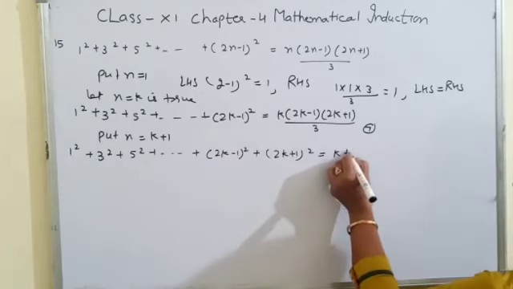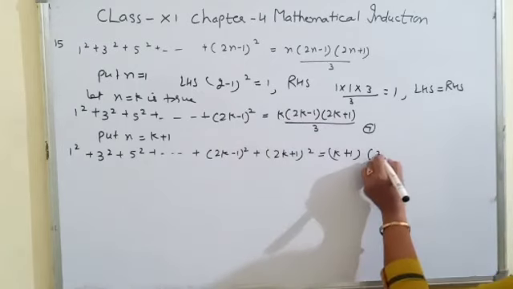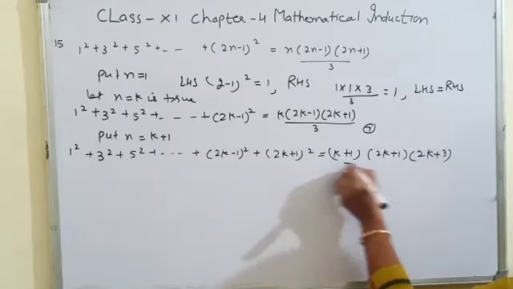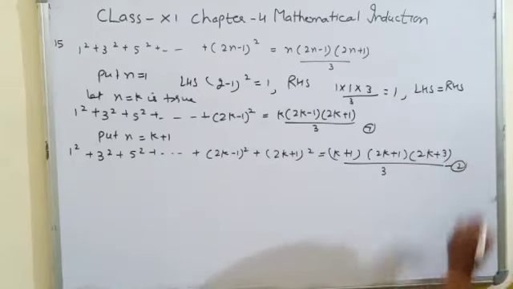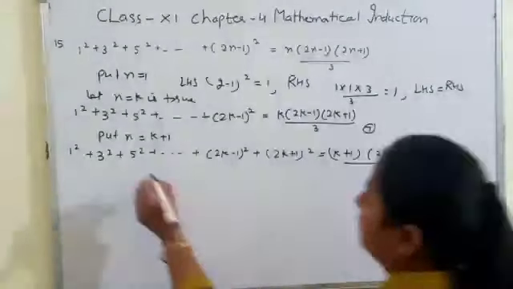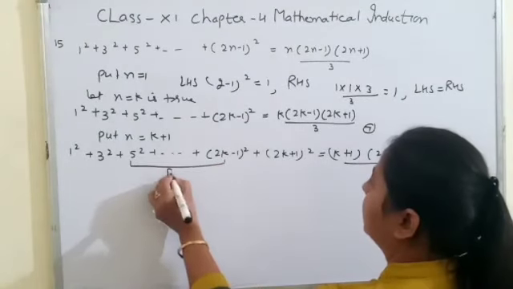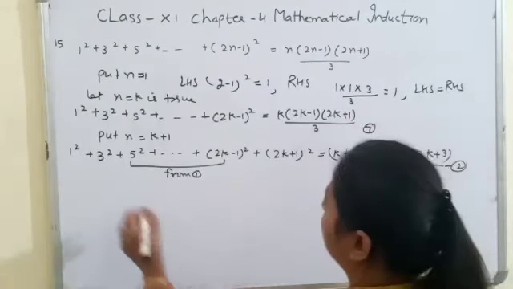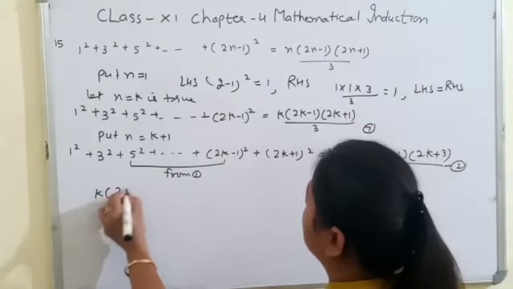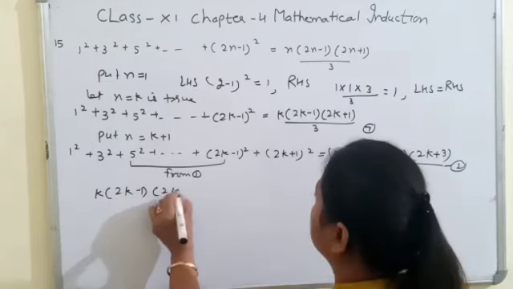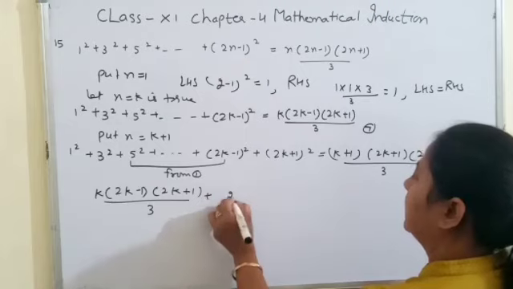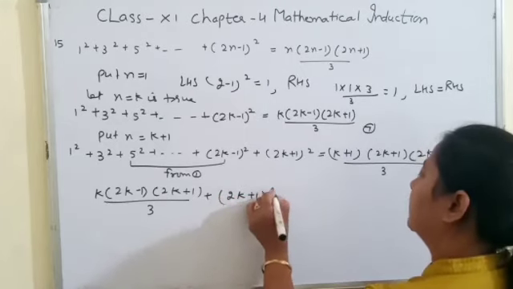Same on the right side: (k plus 1)(2k plus 2 minus 1, that is 2k plus 1)(2k plus 3) upon 3. This is the second. Now from 1 substitute: k(2k minus 1)(2k plus 1) upon 3, plus (2k plus 1) whole square.